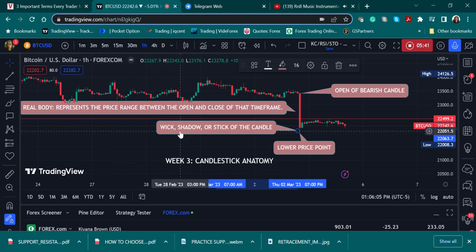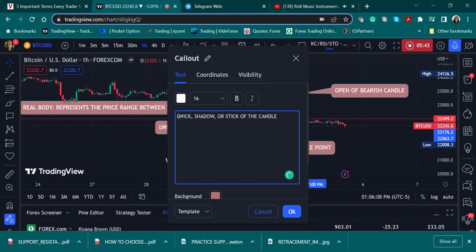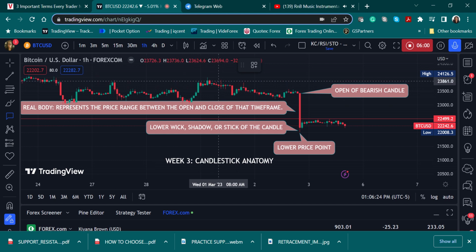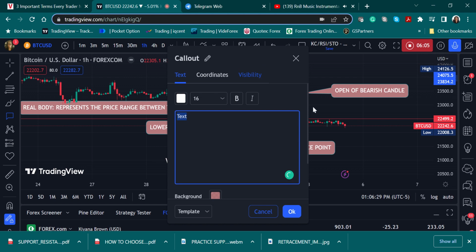So let me put lower wick, shadow, or stick of a candle. And then at the top, whatever pokes out would also be considered an upper wick, shadow, or stick of a candle. Let me do that call out and make sure that it's on a bearish candle so we can see it. So this will be an upper wick, shadow, or stick of candle.